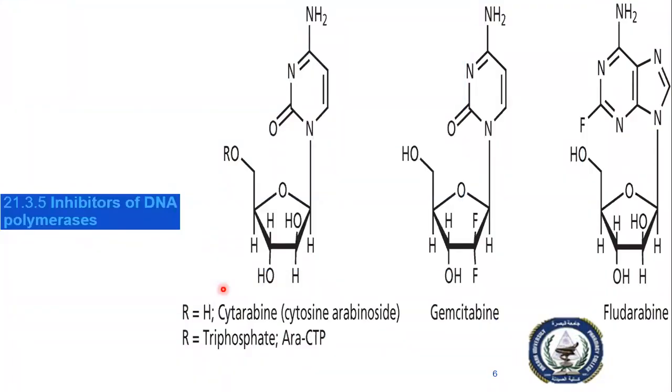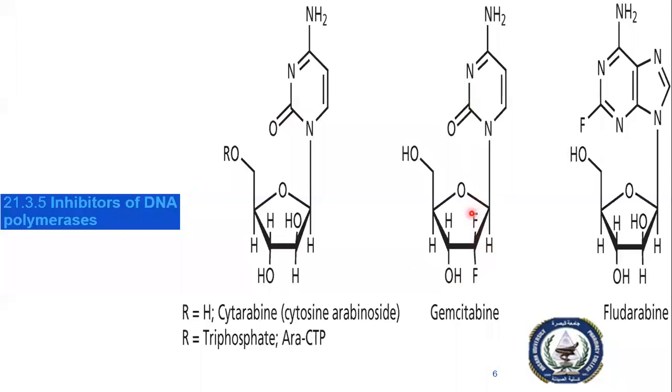You can see here the structures of cytarabine, the triphosphate cytarabine, which is the active form, and we also call it ara-CTP. Gemcitabine is the analog of cytarabine.